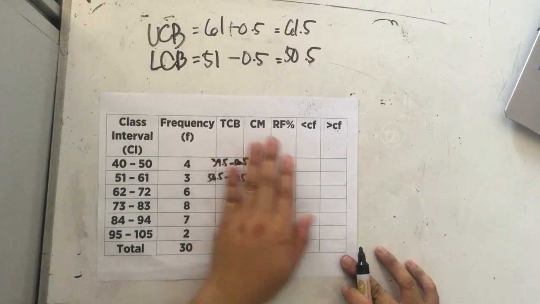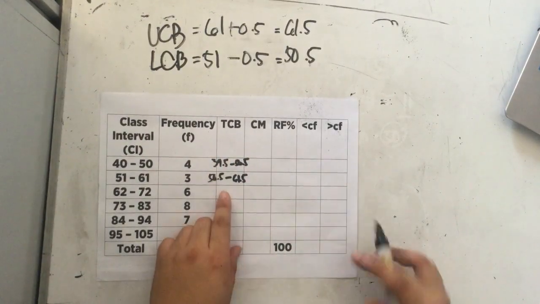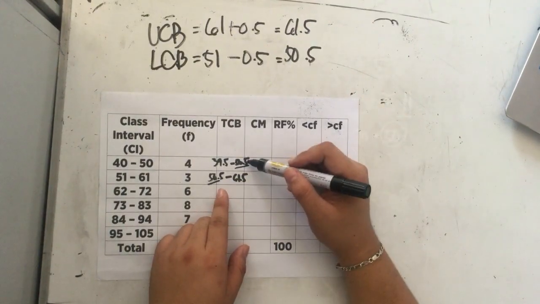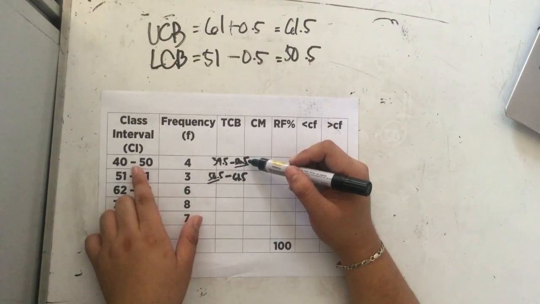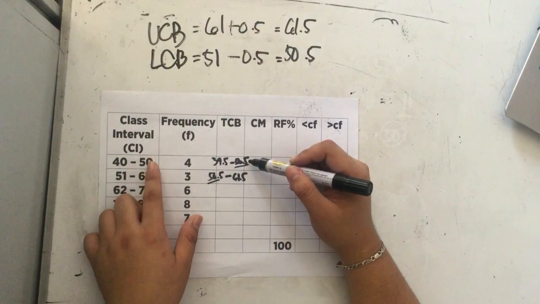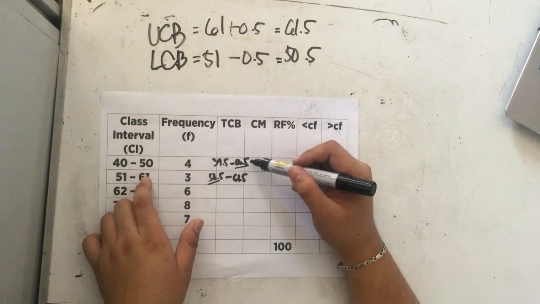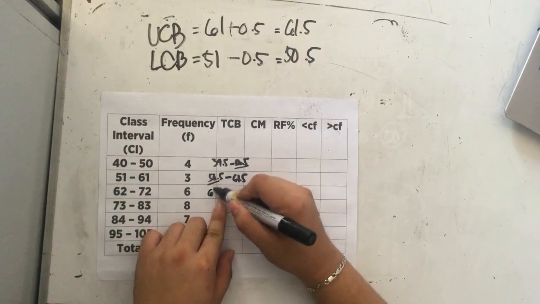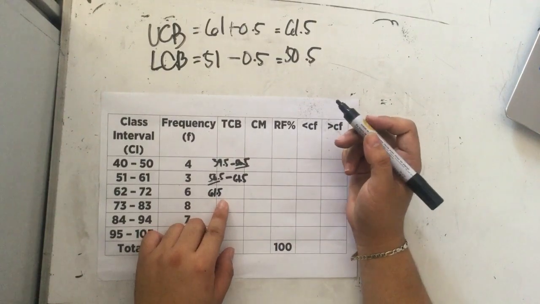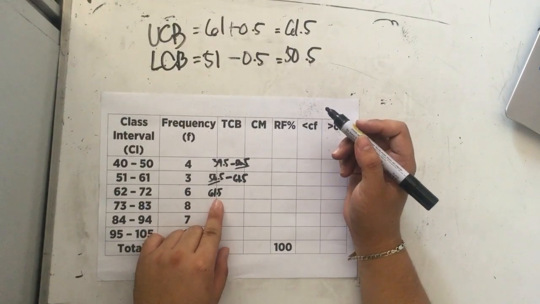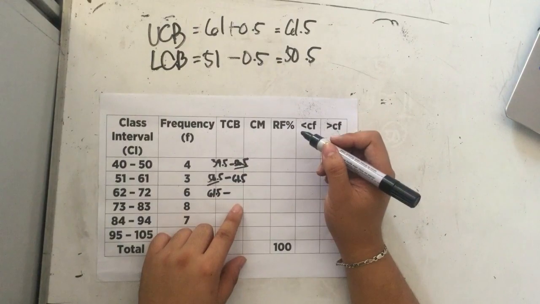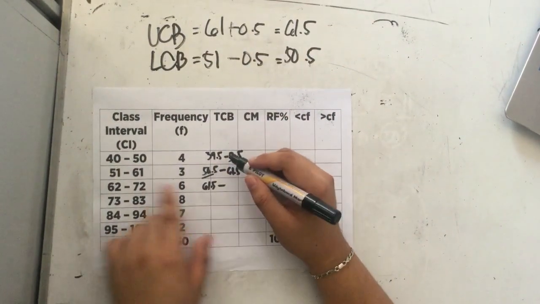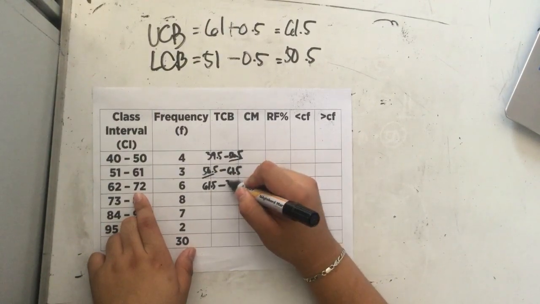So, actually, kapag kinontinue natin yan, makikita natin na equal lang yung upper class boundary nung first class interval natin dun sa lower class boundary nung second. Okay, so ibig sabihin dito, magiging 61.5 yung lower class boundary natin. So continue the process. It will be equal to 72 plus 0.5 is 72.5.